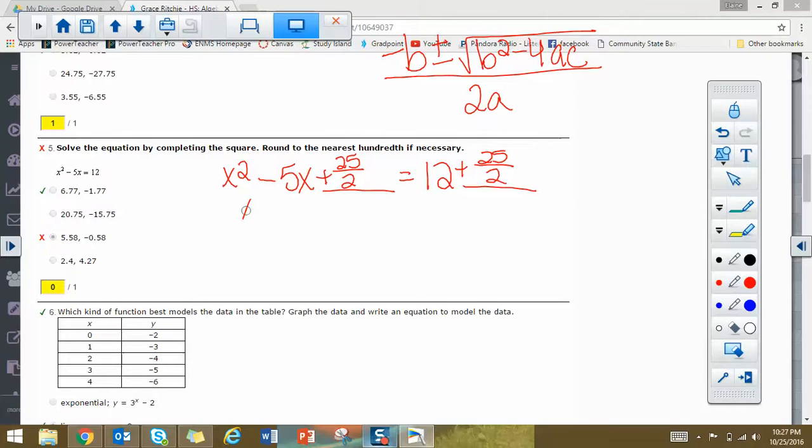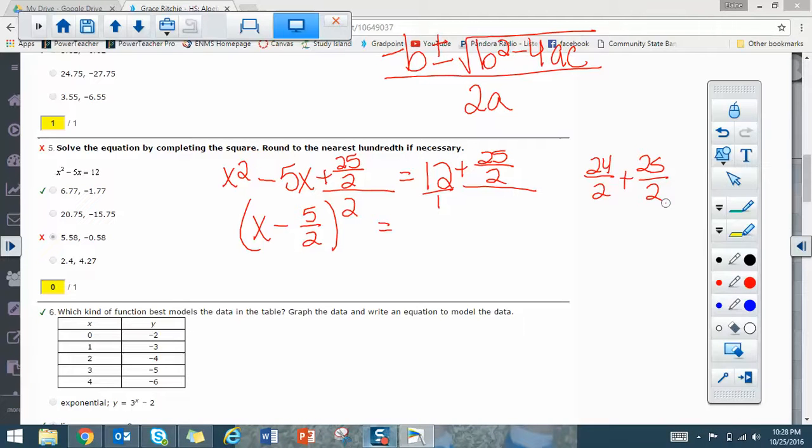Now I can rewrite this as a perfect square, x minus 5 over 2, and if I do 25 over 2 plus 12, I'm going to do some side work. 24 over 2, because I'm changing this to get a common denominator, and 25 over 2. So that's 49 over 2.